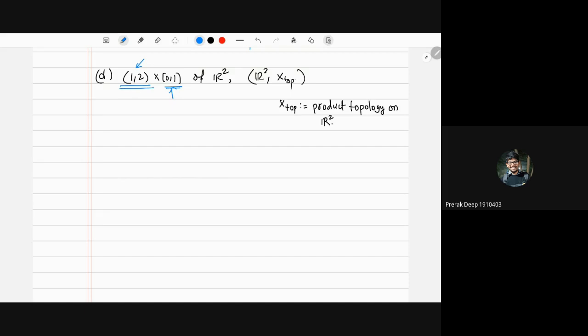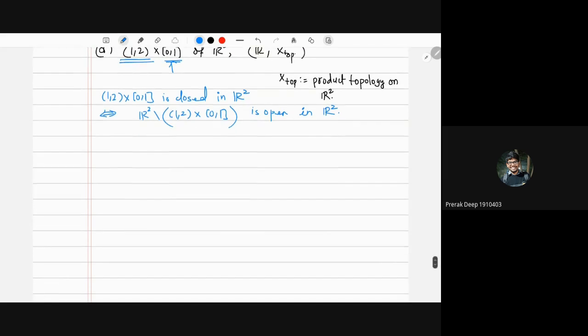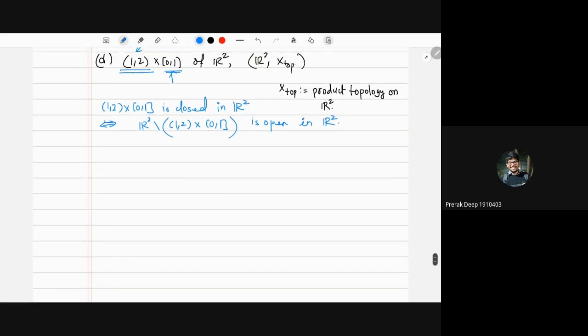If you want to say that this set is closed in the product topology, this is equivalent to saying that the complement of this set is open in R2.